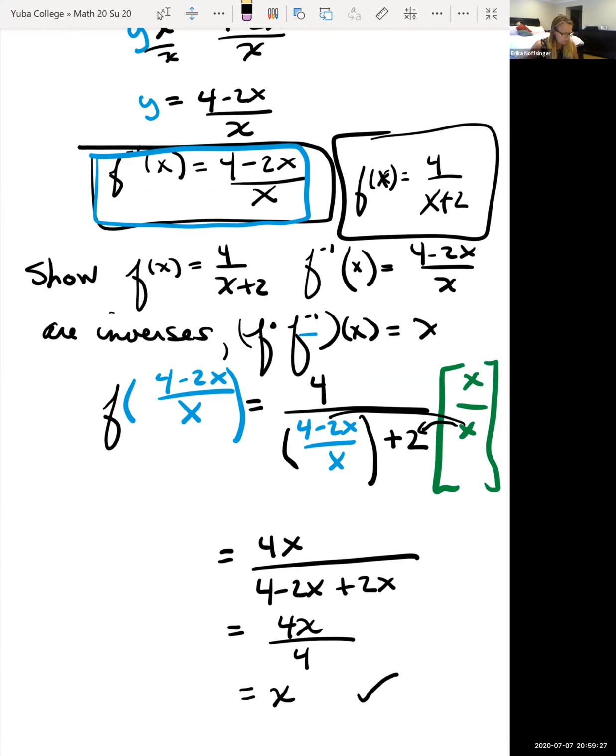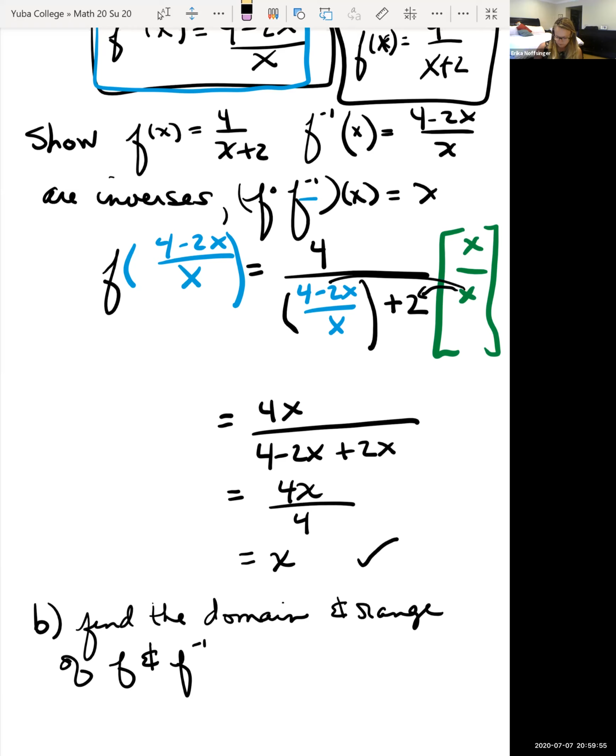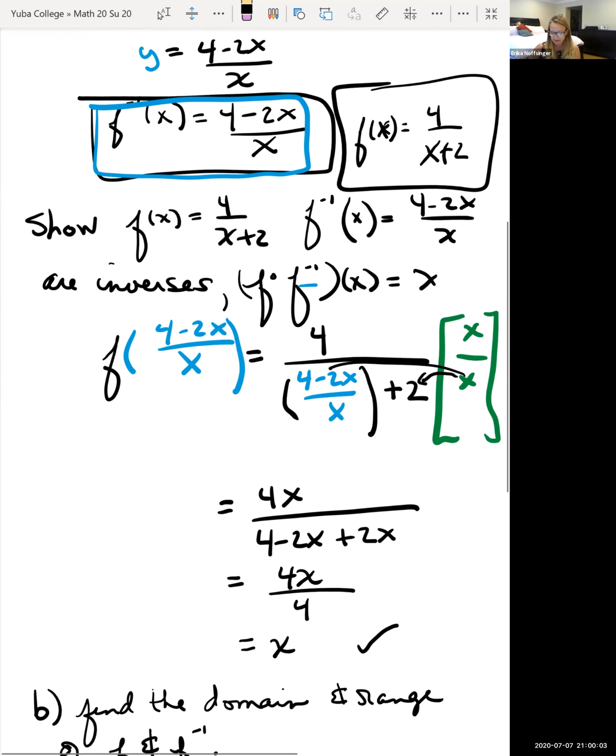And then part B. Where did I say? Find the domain and range of f and f inverse. Okay, so let's look at f of x.